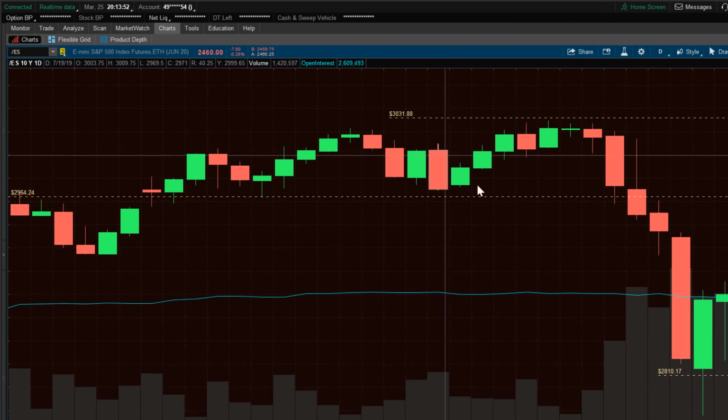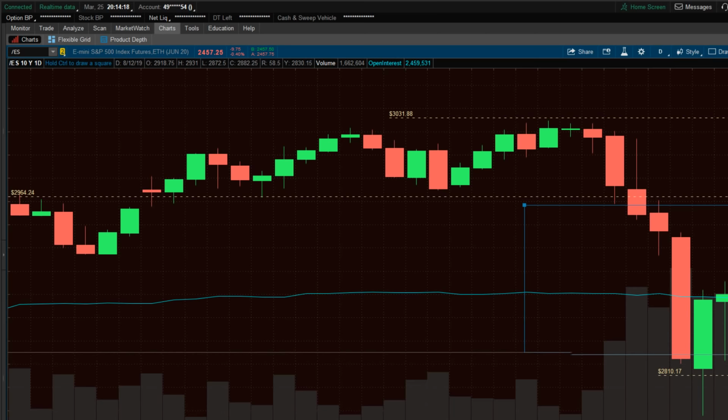You don't make money right here. Everybody's getting chopped up in these levels, in this zone. You make money when it moves from this level of consolidation to the next level of consolidation. This zone right here is where you're going to make your money.